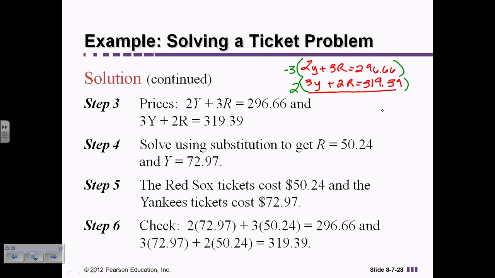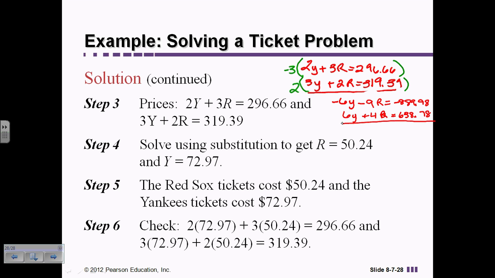So now my equations become -6y minus 9r equals -889.98. And the second equation becomes 6y plus 4r equals 638.78.